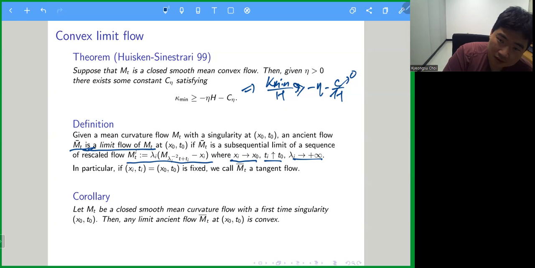And actually, we expand the space-time from the origin. So you can check that this limit flow must be ancient. I mean, it exists from negative infinity. So by definition, this is defined from negative infinity to 0.